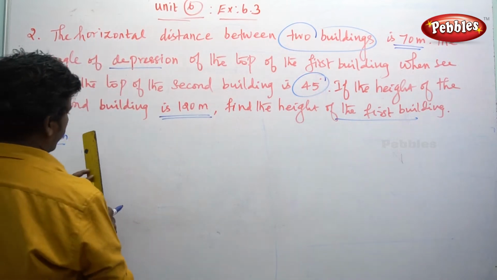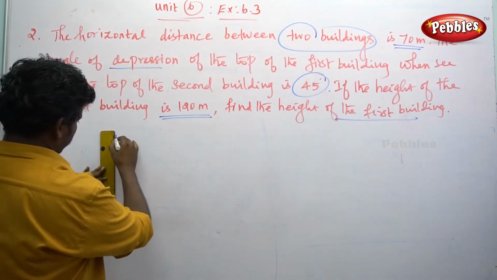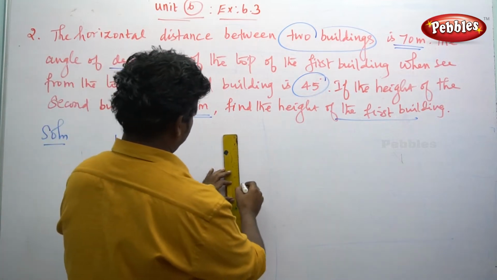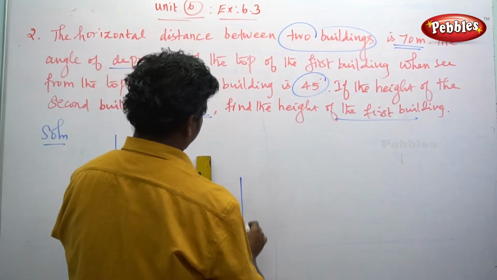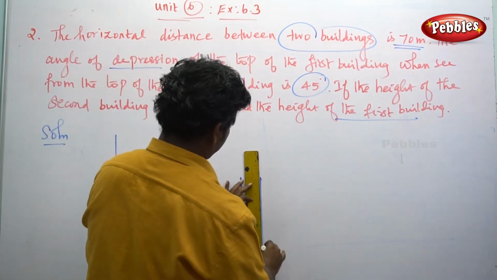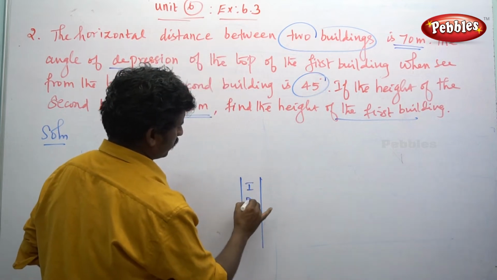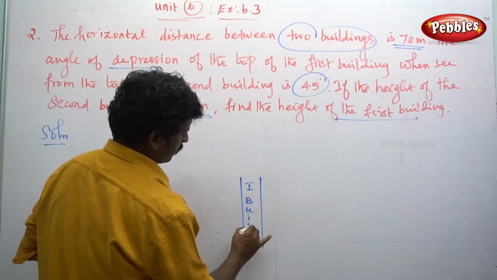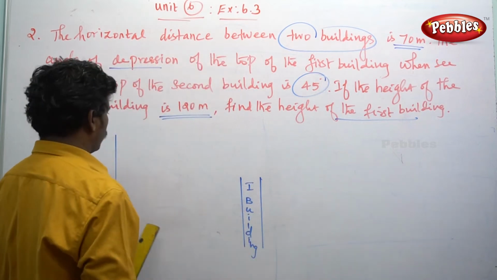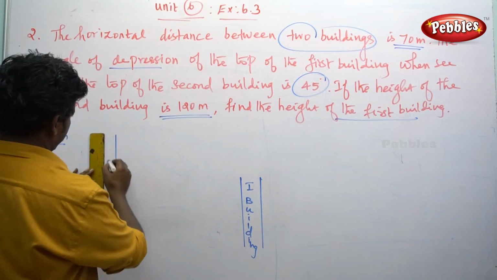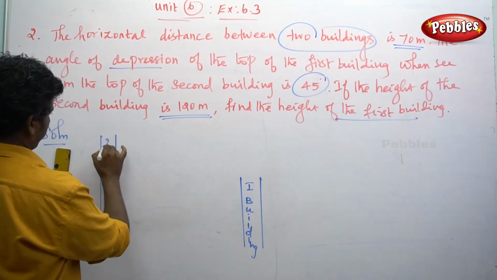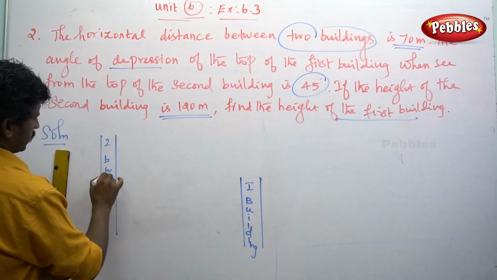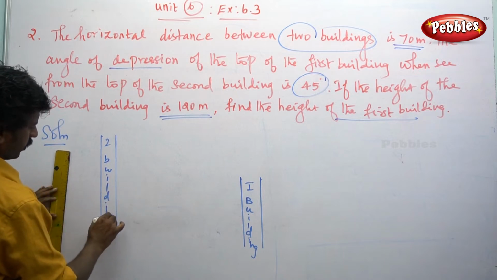Two buildings we are going to take. This is one building, this is the other building. This is the first building, and this is the second building, right?